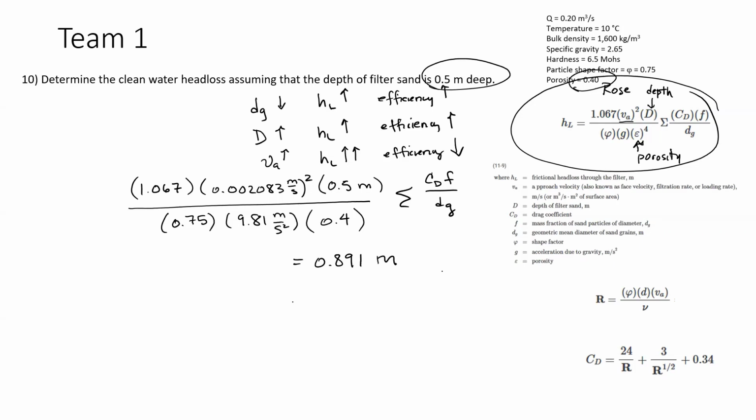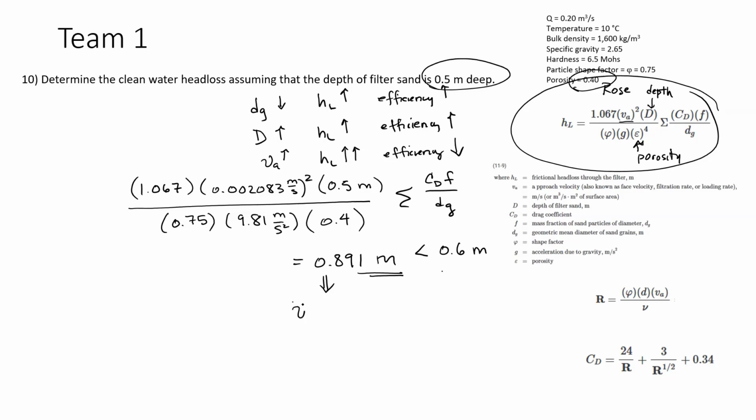This is large. We want a clean water head loss of less than 0.6 meters. So what can we do? How do we decrease this value? This is too large. We've gotten to this point, and this will happen. This is why you want a spreadsheet. You get to this point, now what?